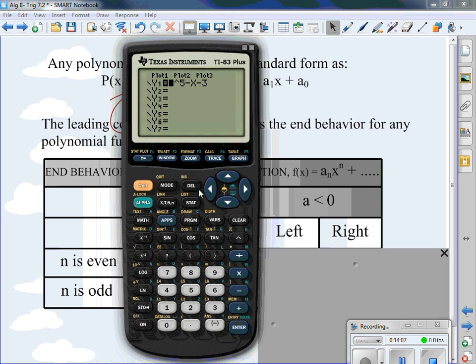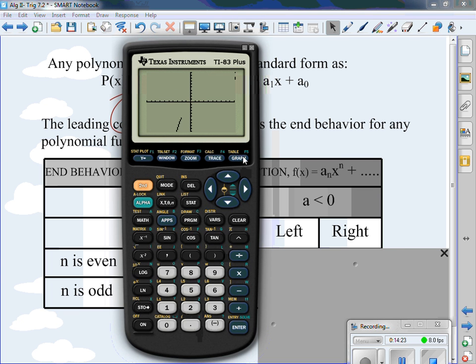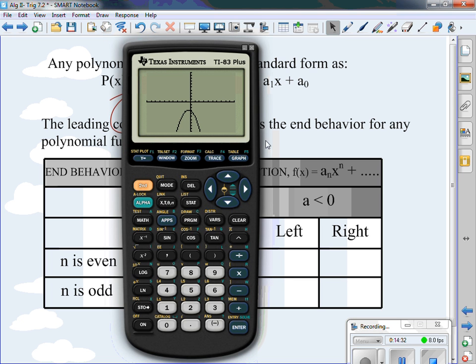So the first one is even. Give me an even number. 2. Okay, give me a negative number. -1. So just put a negative out front. What happens to my graph? It's going up, then down. Up, then down.